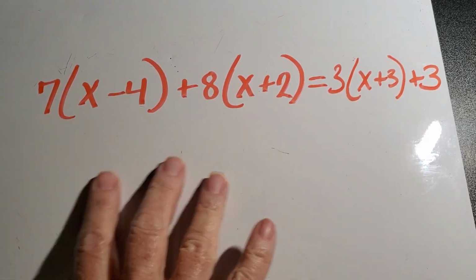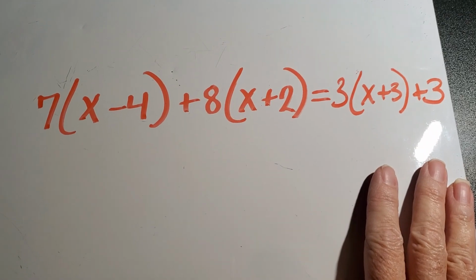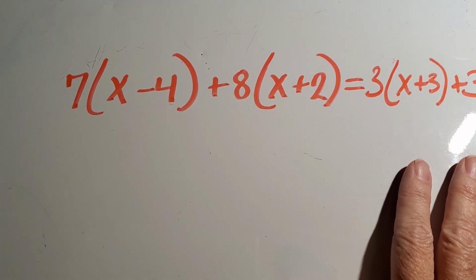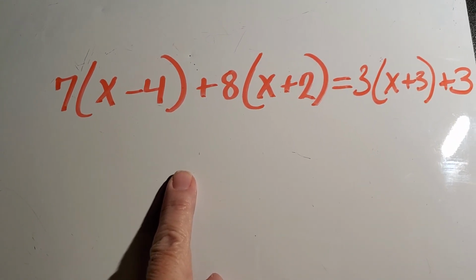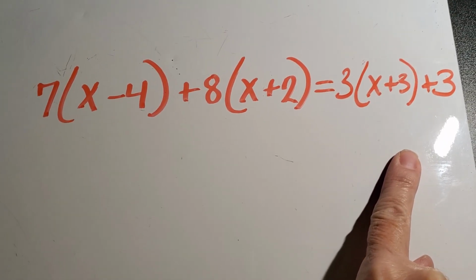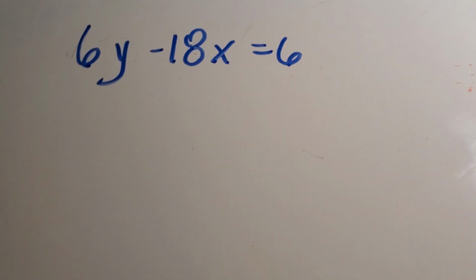So you're going to end up with some x's and numbers here, some x's and numbers here. Then I want you to combine like terms, simplify it, and then I want you to try and get all of your x's on the left side of the equation and your number over here, and then I want you to tell me what x equals at the end.